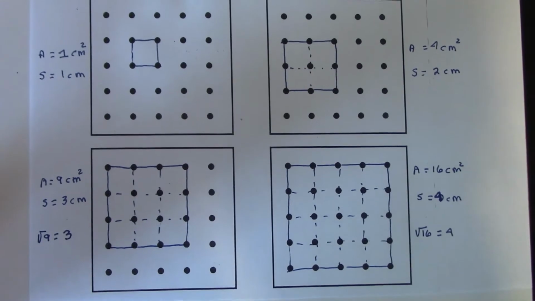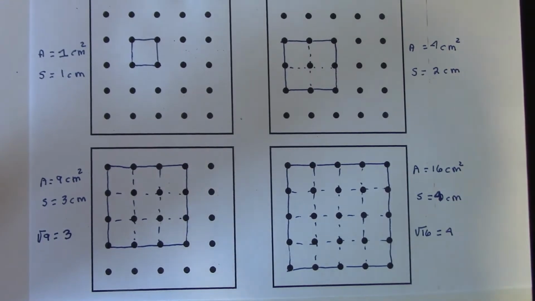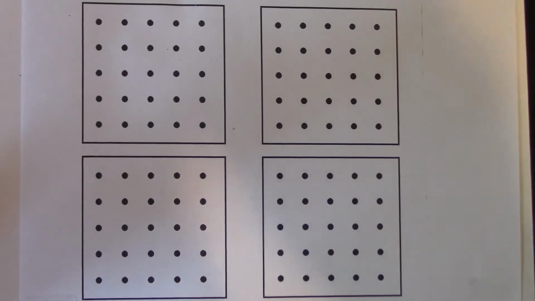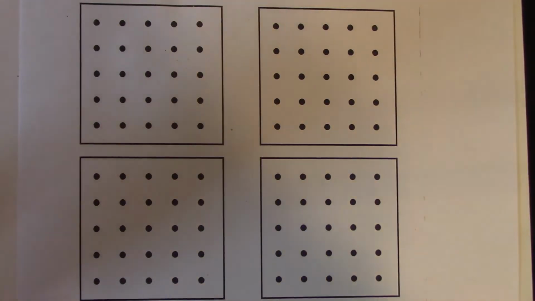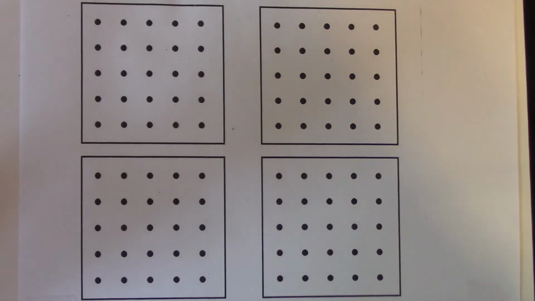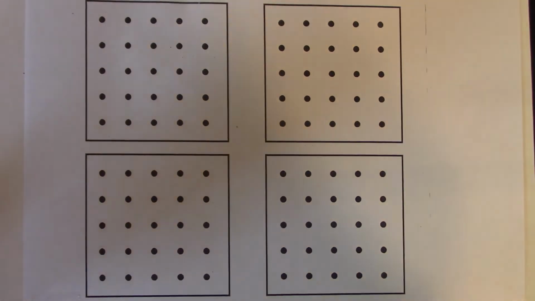Now we're going to look at the other 4 squares that are on a 5x5 geoboard. Now I'm going to look for the other 4 squares that are on the geoboard that are of different size than the ones I already have.